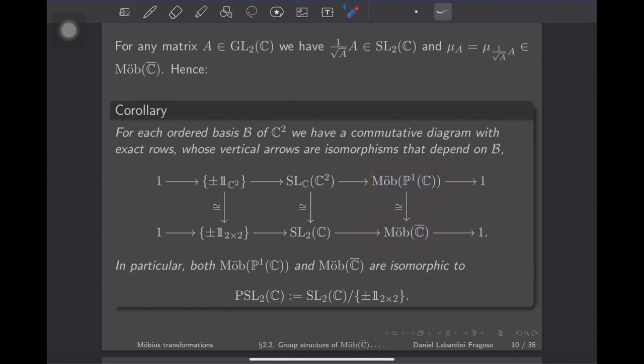I mean, a Möbius transformation of P1 was the P1 shadow of a bijective linear map. Right? And here a Möbius transformation of C bar is by definition mu of A for some invertible matrix with complex entries.